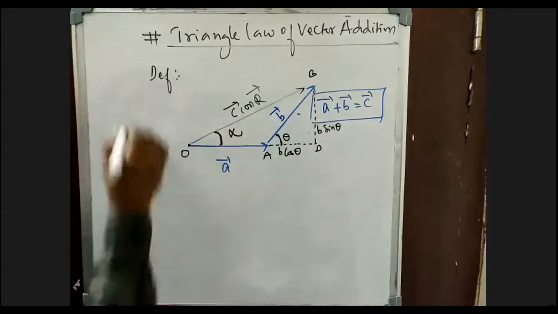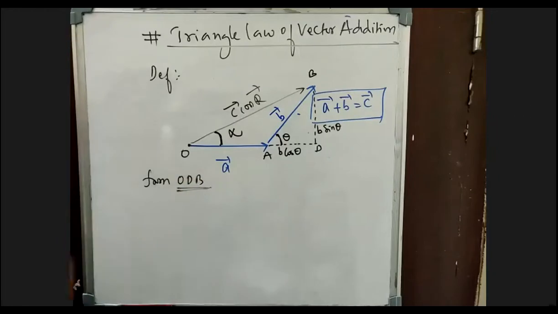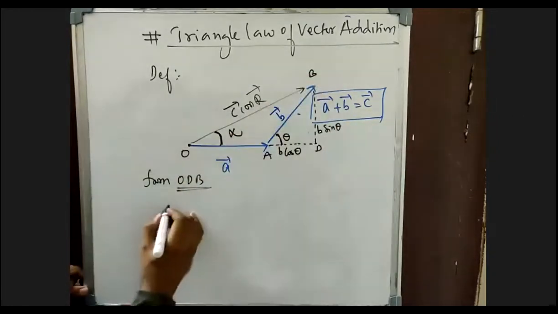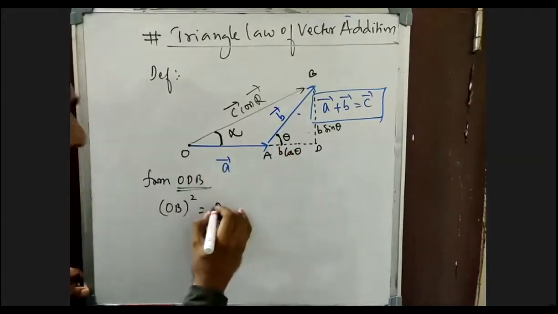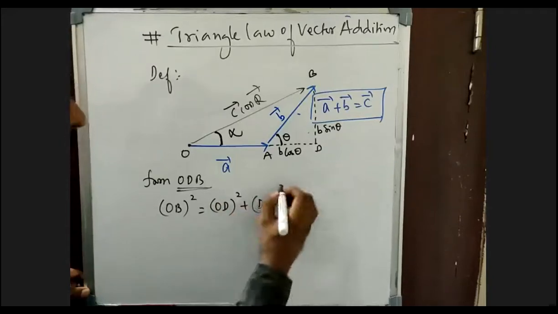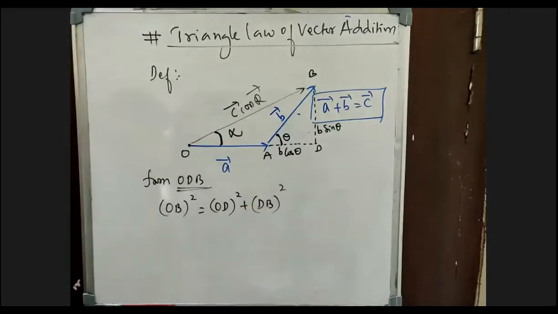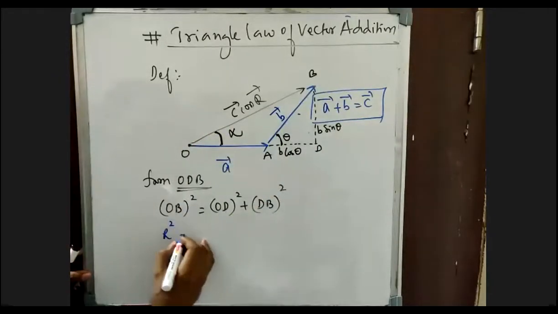So from the right angle triangle ODB, I can write OB square is equals to OD square plus your DB square. That's it. So OB is nothing but how much for me? OB is nothing but your R square, that is equals to OD.